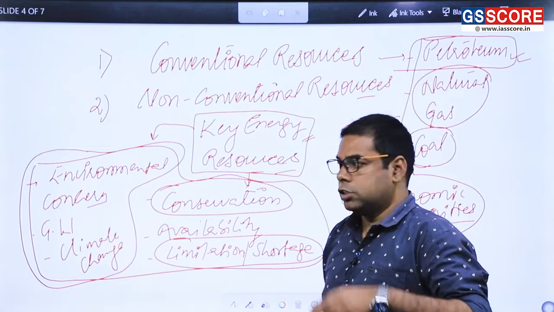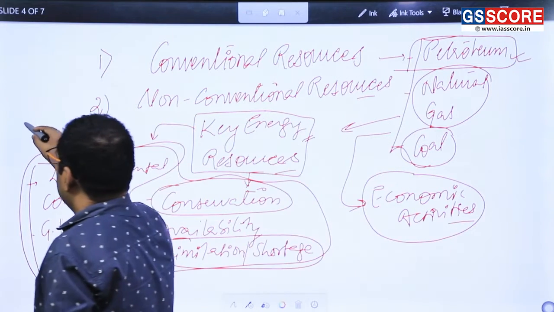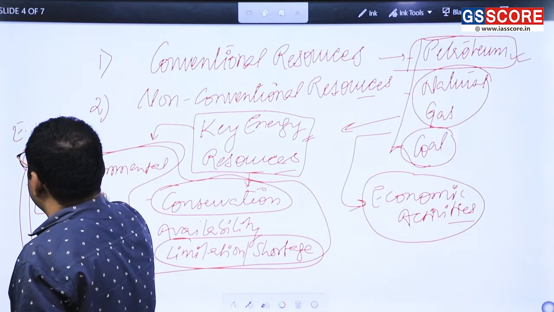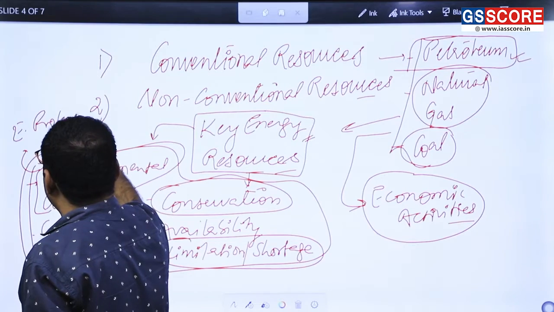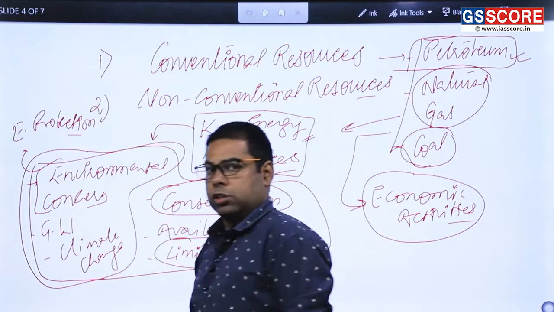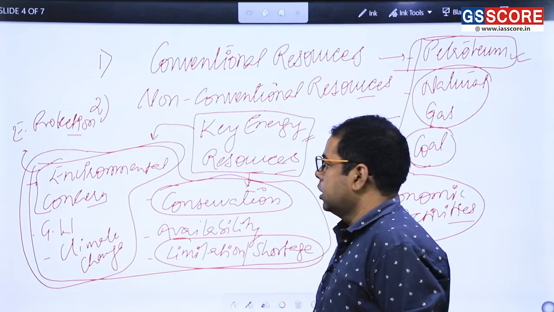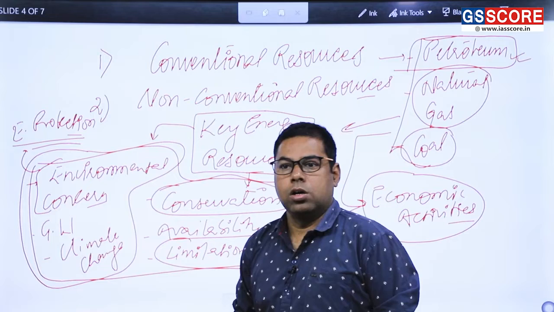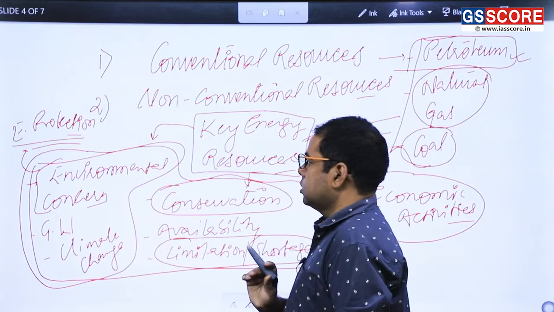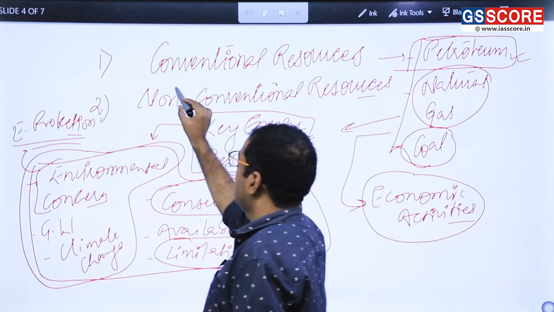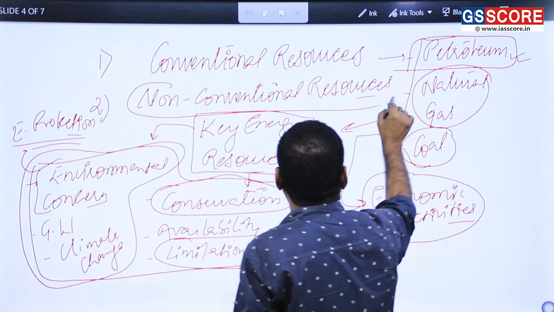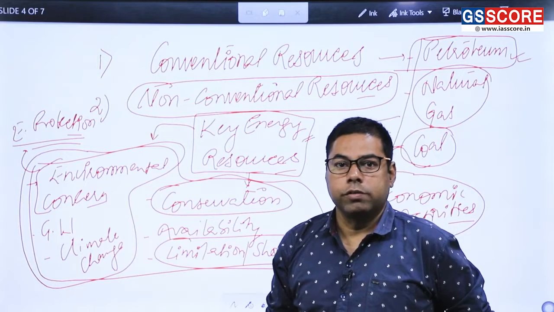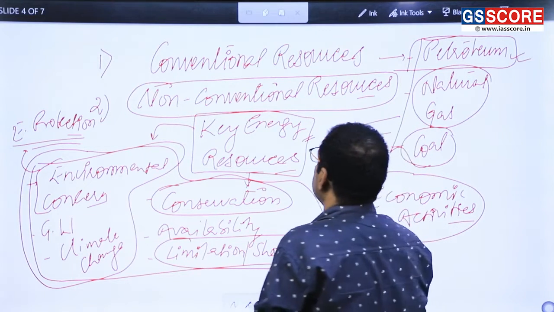So in the 21st century we have become more concerned about environmental protection and conservation. So in such a case, we have to keep focus on this area, right? So we are bound to switch over to the non-conventional resources, right? Now, what are the key non-conventional resources?